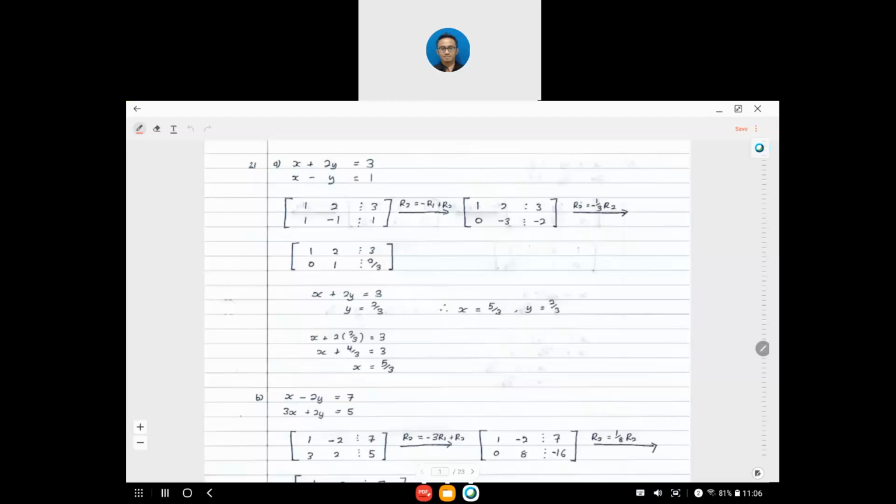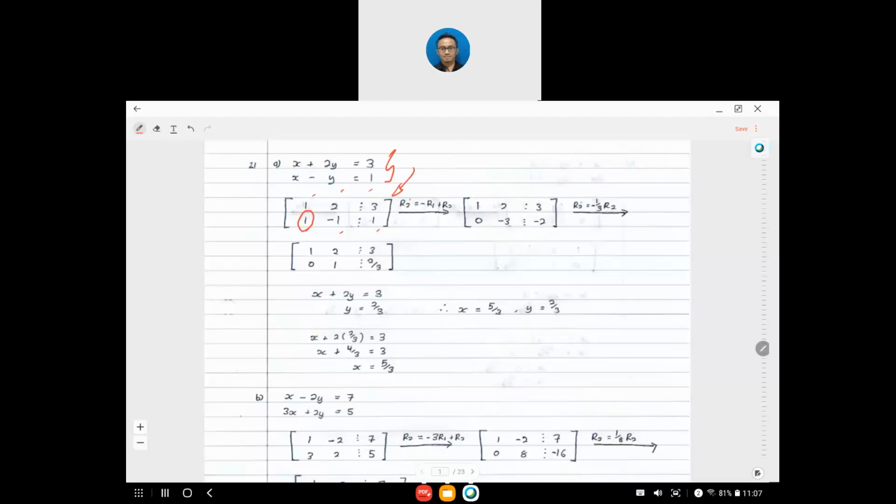Okay, first of all, write this equation in terms of an augmented matrix. So we have 1, 2, 3, and then 1, -1, 1. If we are using the Gaussian elimination method with back substitution, first of all, we need to transform this value to become 0. Now you want to change row 2.